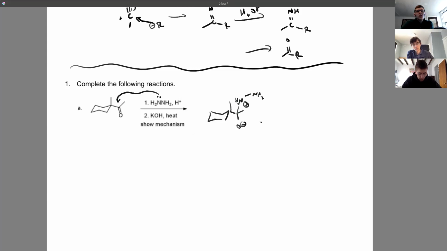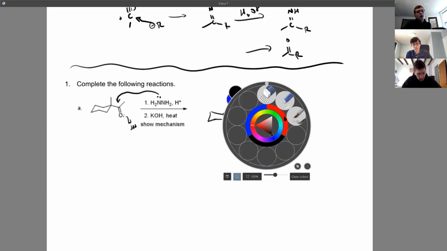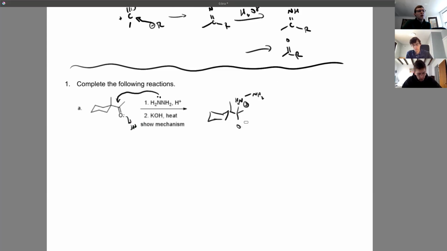Ooh, there's a slight issue. This is acidic conditions, and we can't have this O minus. So it's minor, it doesn't change things, but in terms of bookkeeping, we have to protonate first. So let's just be sure we protonate. Okay, cool. That solves our problem.